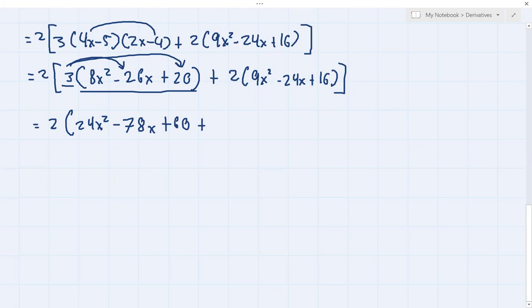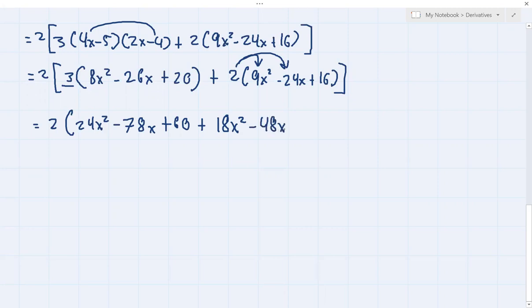Alright, next, we go to the second term. Let's distribute 2 to this expression. So, 2 times 9x squared becomes 18x squared. Next, 2 times negative 24x becomes negative 48x. And last but not least, 2 times 16 becomes 32.